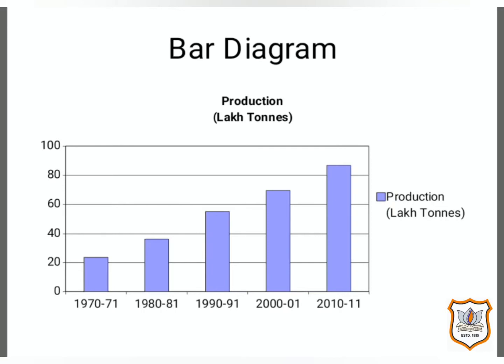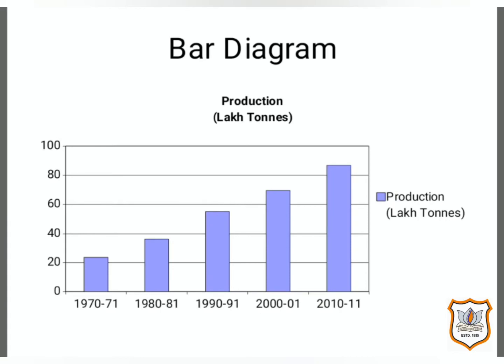Here, in this example, we may see that it is about production of wheat in India. And as per the meaning, this diagram represents a grouped data, and in order to represent that data, rectangular bars are drawn. Then the length of each of these rectangular bars is proportional to the value of the data.